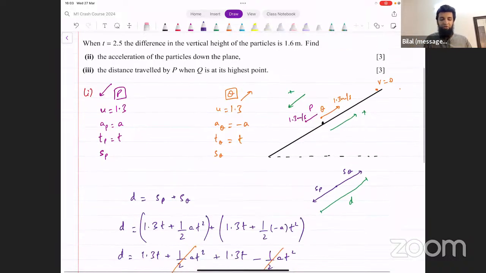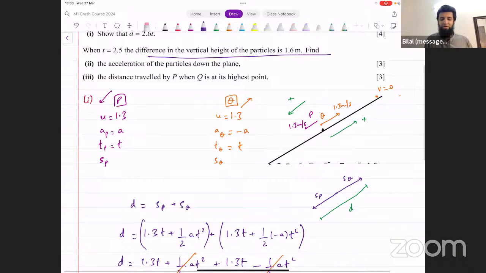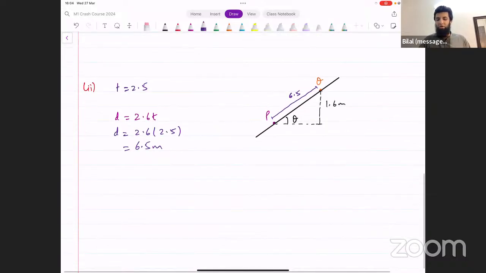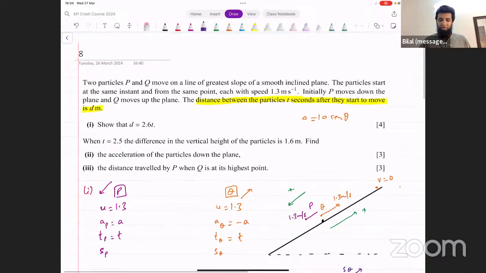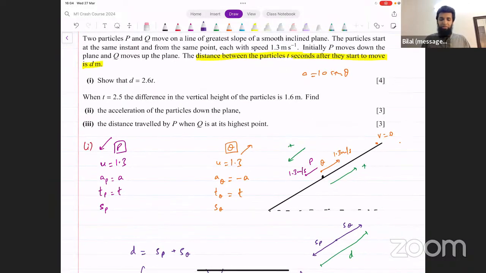When t equals 2.5, now it says the difference in the vertical height of the particles is 1.6. So we basically viewed a diagram like this, that after 2.5 seconds, the vertical height between the particles, that is 1.6 meters. The difference between vertical heights, that is 1.6 meters.